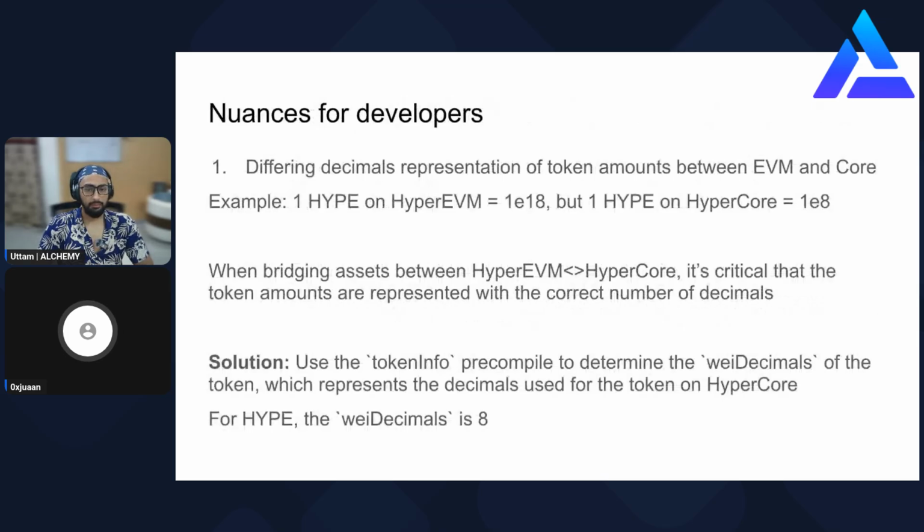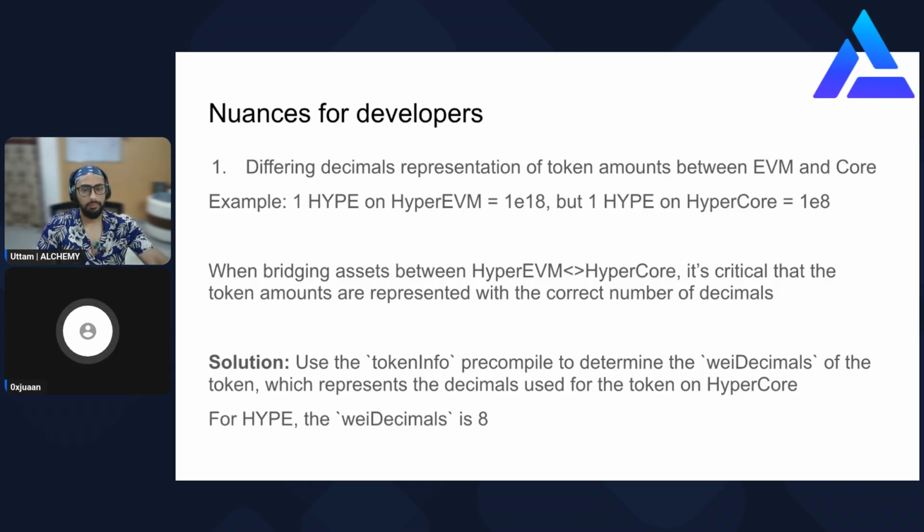So we'll move into some nuances for developers when working with the CoreWriter and the precompiles. The first one is that on HyperCore and HyperEVM, the amount of decimals used when representing integer token amounts is different.